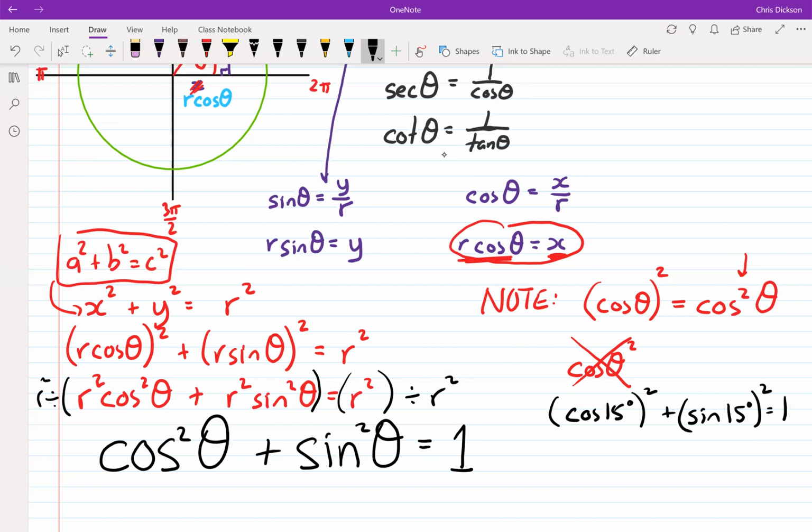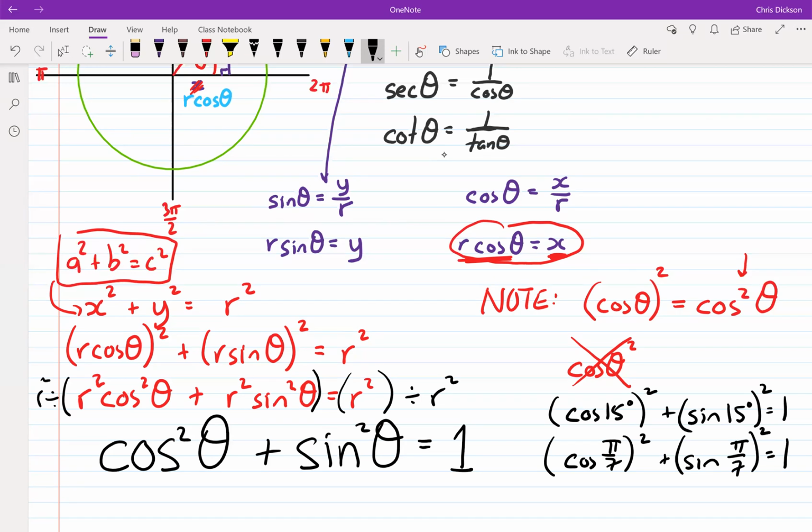And if you're working in radians, say cos of pi over 7, squared, plus the sine of pi over 7, all squared, that's going to equal 1. So it doesn't matter what the angle is. You just take the cos of that angle, square it, then the sine of that angle, square it, and add the two numbers up, and it'll always give you a value of 1.